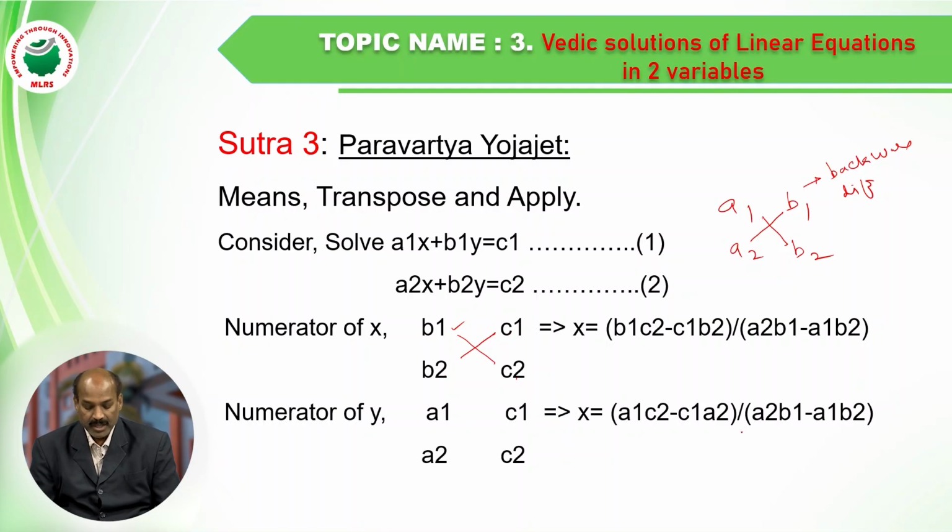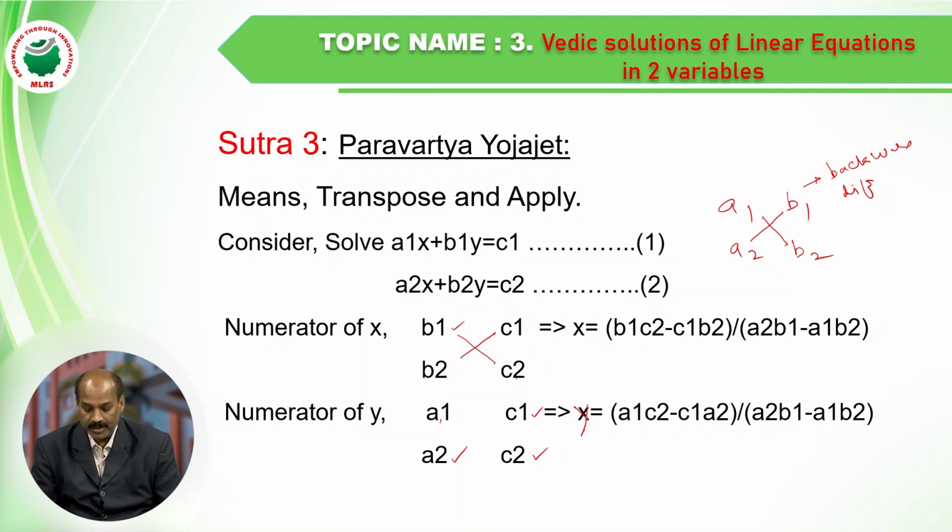Similarly, for the numerator of y, you remove the y column and write the remaining two columns: the x column a1, a2 and the last constant column c1, c2.